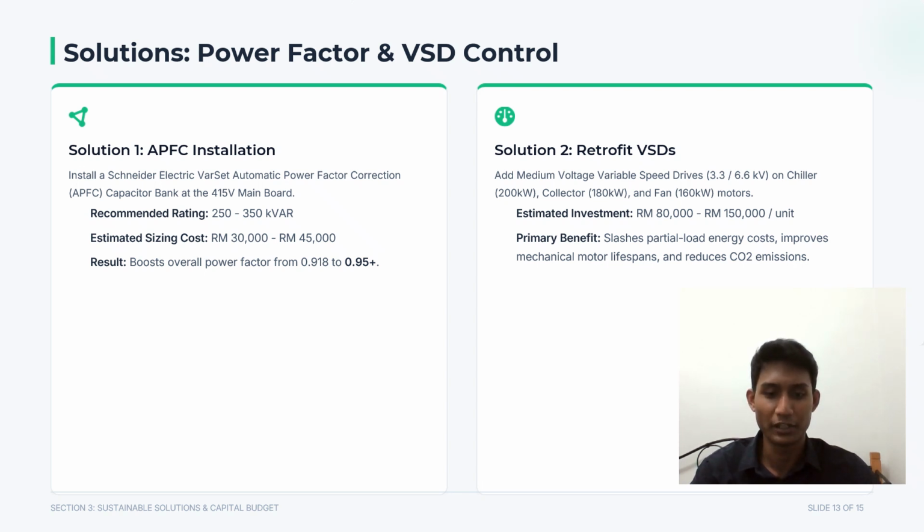Although the investment is higher, around 80,000 to 150,000 per unit, VSDs provide significant energy saving by allowing motor speed to match actual process requirements. This also extends motor lifespan and reduces carbon emissions.